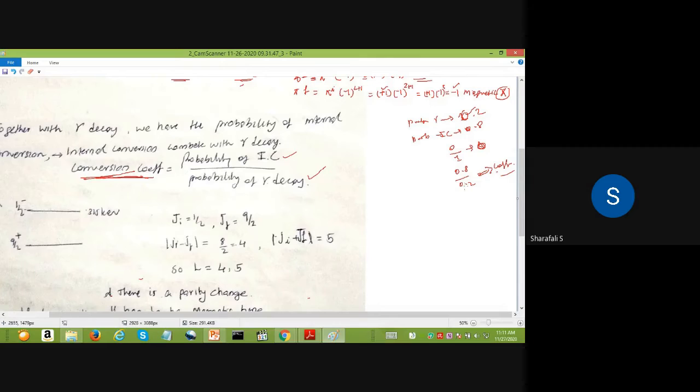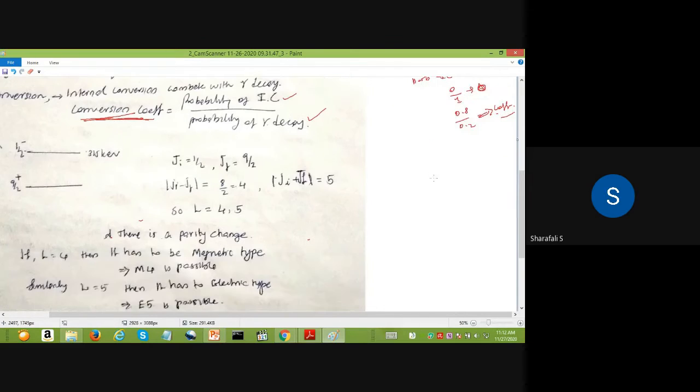From that you can say the conversion coefficient is larger and internal conversion is higher, having a higher probability. Okay, so from the conversion coefficient, you can estimate which mechanism will happen in that particular case, whether it is internal conversion or gamma decay.